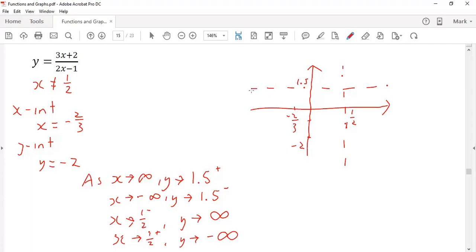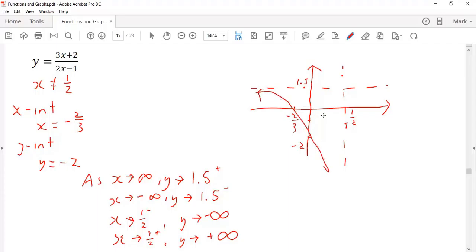So keep going there. And on the left side of a half, it heads towards negative infinity. So we wrote that the wrong way around here, so just change that around. So it should head down like that.